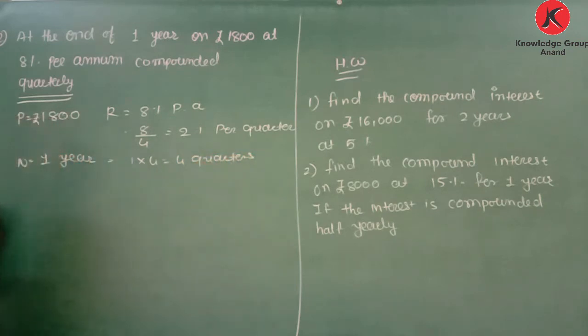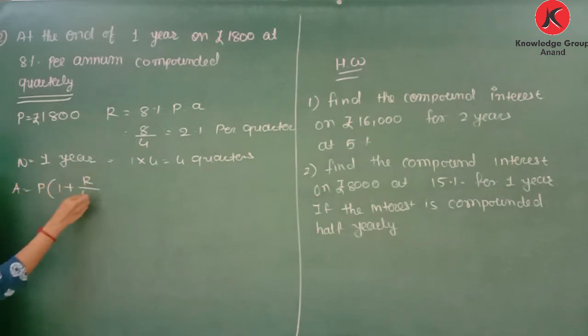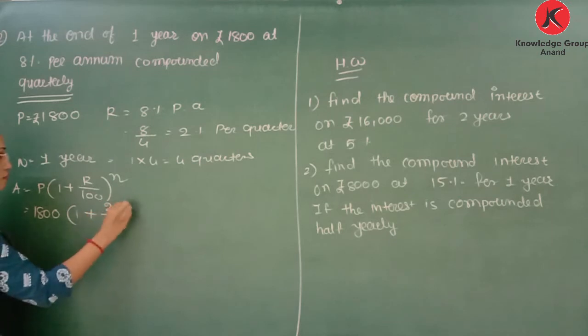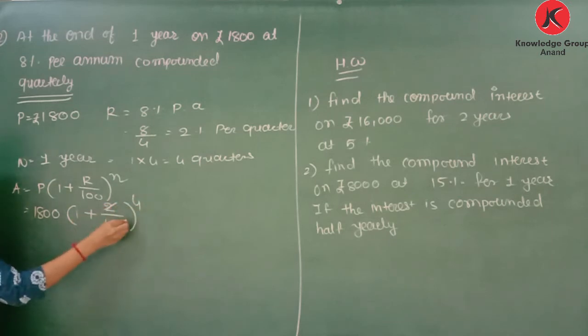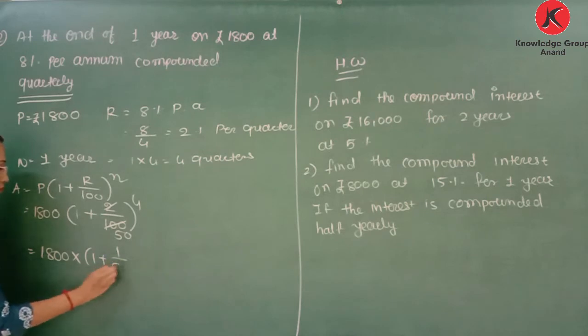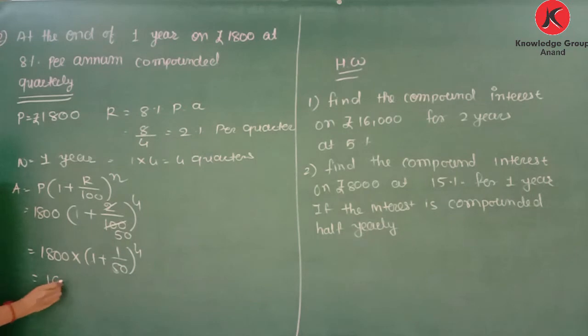Clear? Now A is equal to P inside the bracket 1 plus R divided by 100 raised to N. 1,800, rate of interest is 2, divided by 100 raised to 4. So 1,800 multiply 1 plus 1 by 50 raised to 4. 50 ones are 50 plus 1, 51, divided by 50 raised to 4.